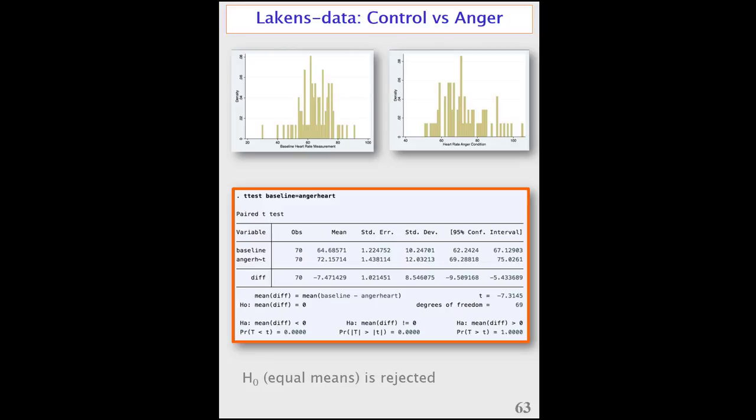Baseline is one variable in the data, angry heart is another variable in the data. That is where the comparison should run. And I see indeed the means here, 65, 72, and the actual test, 0.000, way below 0.05. So here we reject H0, and H0 was that both of these variables have equal means, and apparently they don't, showing that there indeed is a difference in the data.